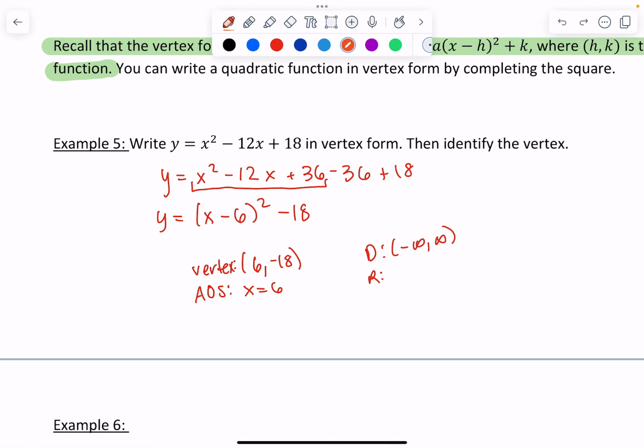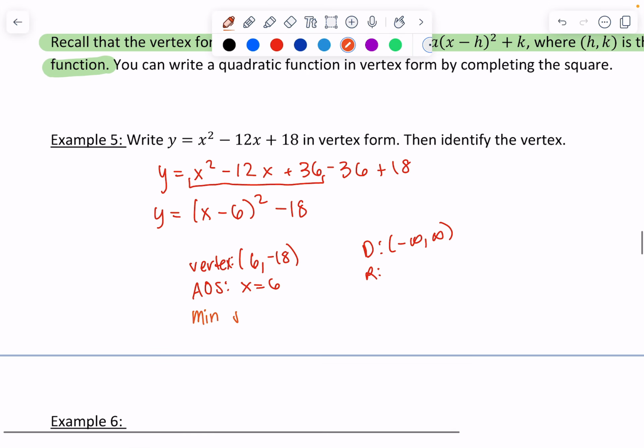In this case, because the parabola is opening up, since there's no reflection, we have a minimum value at negative 18. So our range is going to begin at negative 18 and continue on to positive infinity.